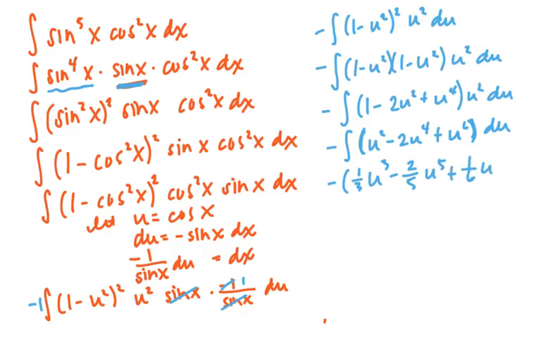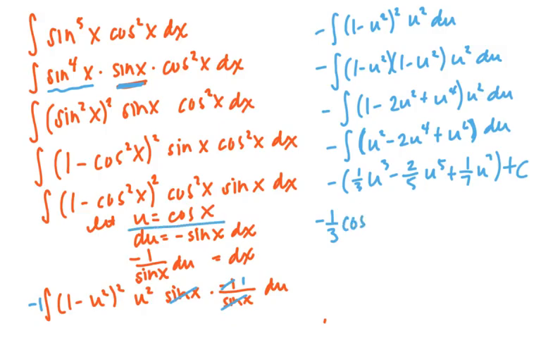1/7. Let's try that again. This last term becomes 1/7 u to the 7th plus c. So we have negative 1/3, and remember our u is cosine x.